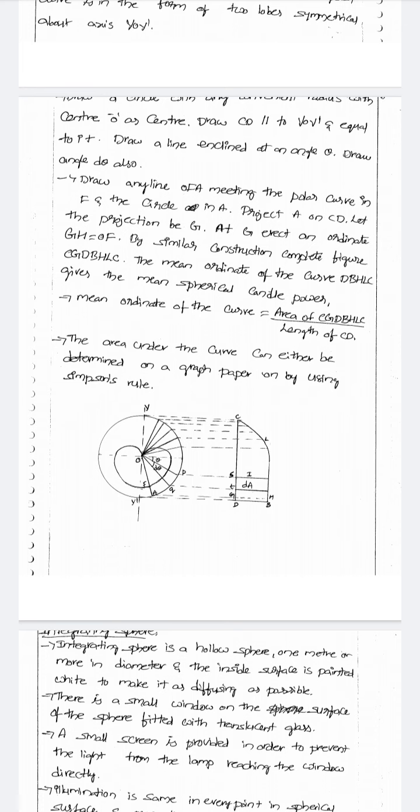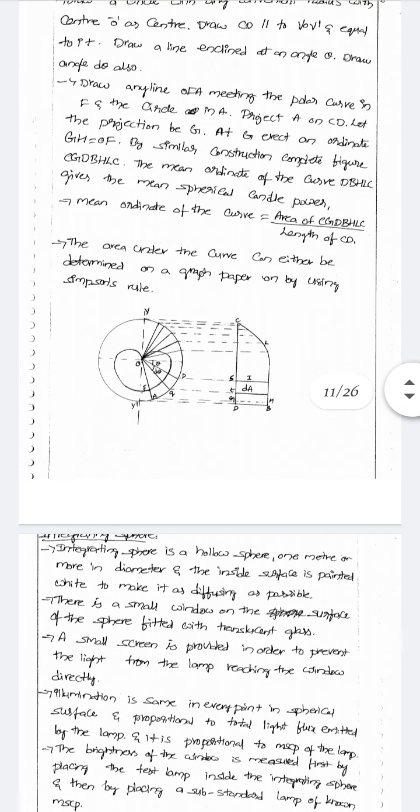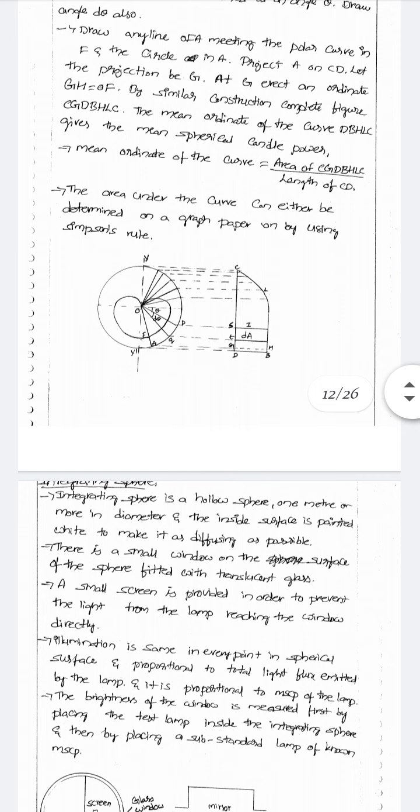The mean ordinate of the curve is given by the area of CZDBHLC divided by the length of OD. Whatever vertical lines you draw from that figure give a symmetric representation, and the lines are denoted like A to Z. Based on those letters, we specify the value of the particular mean ordinate.